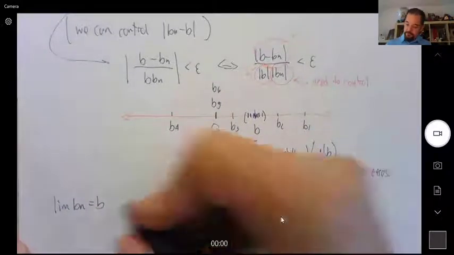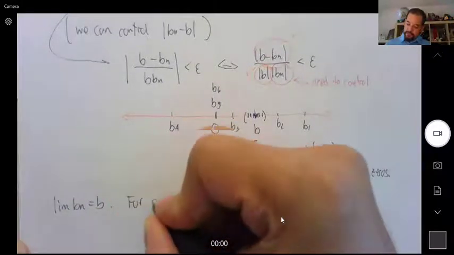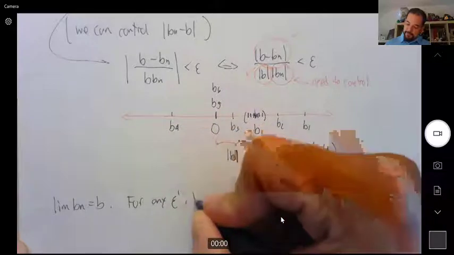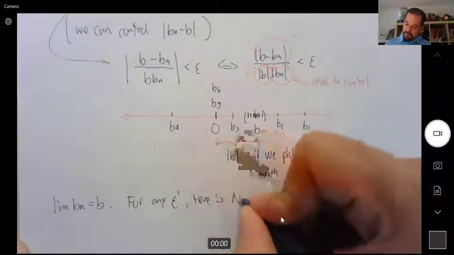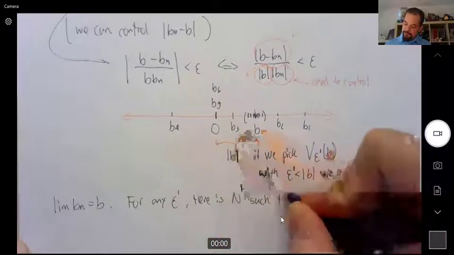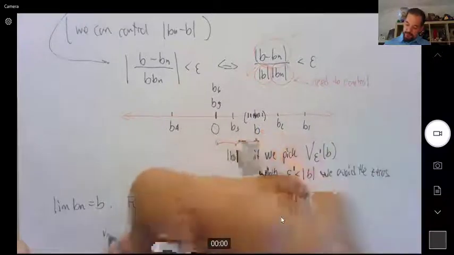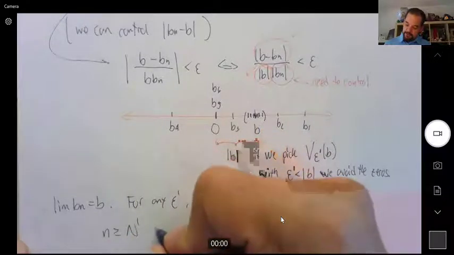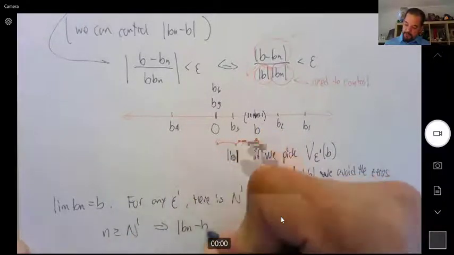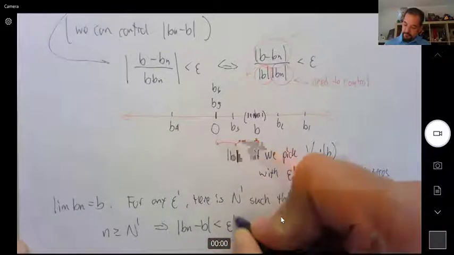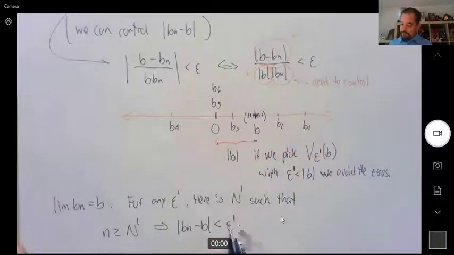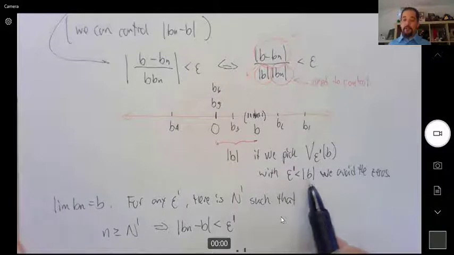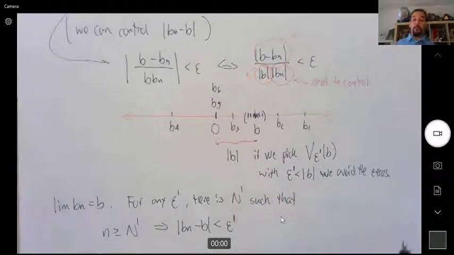What does that mean? It means that for any epsilon prime, there is a capital N prime, such that if little n is bigger than N prime, then the absolute value of Bn minus B is less than epsilon prime. So pick epsilon prime to be smaller than the absolute value of B over 2.